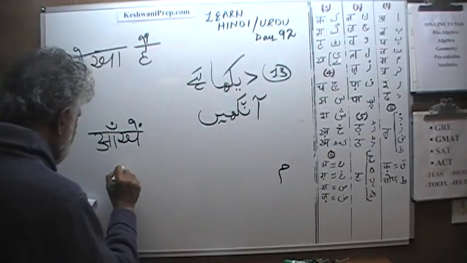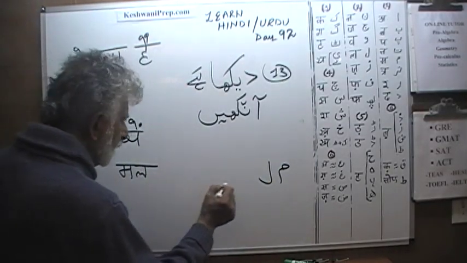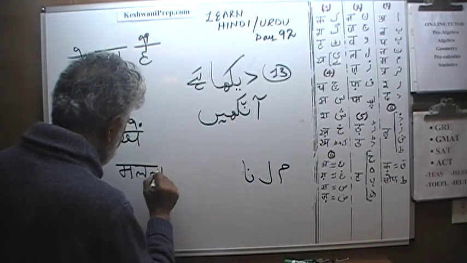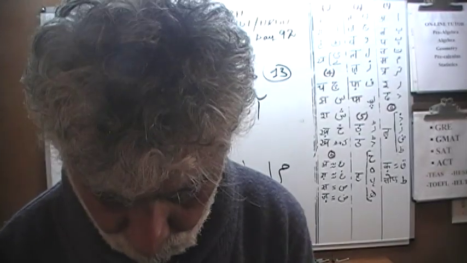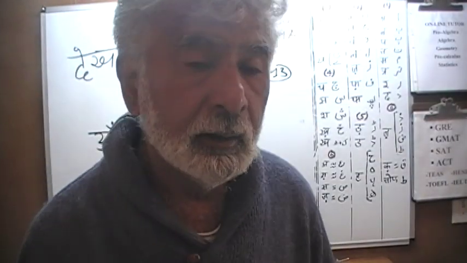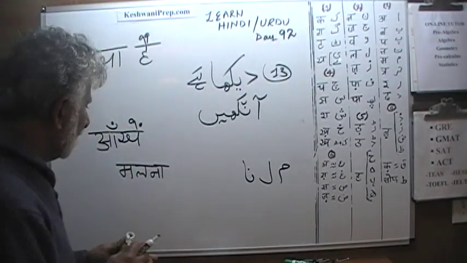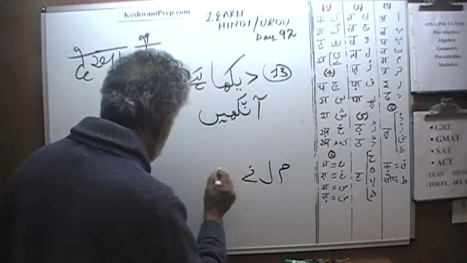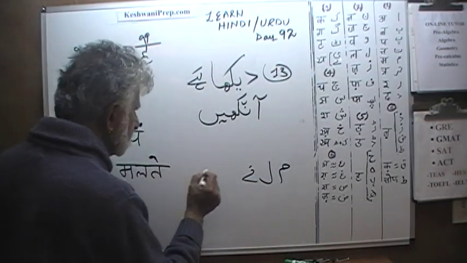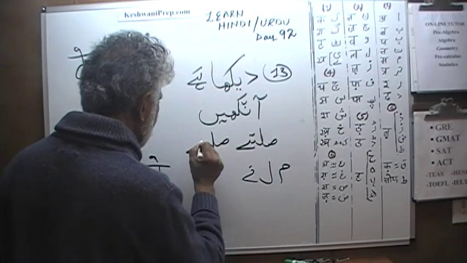म ल and then na. The verb is malna. Malna means to rub your eyes, to rub something. You wake up, you're rubbing your eyes, malna. That is the infinitive form. Here we'll say malte, not malna, but malte.